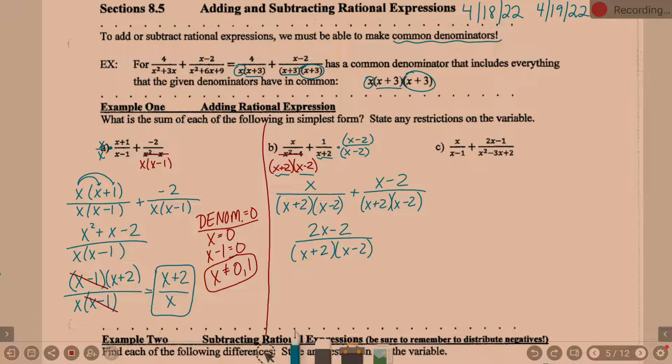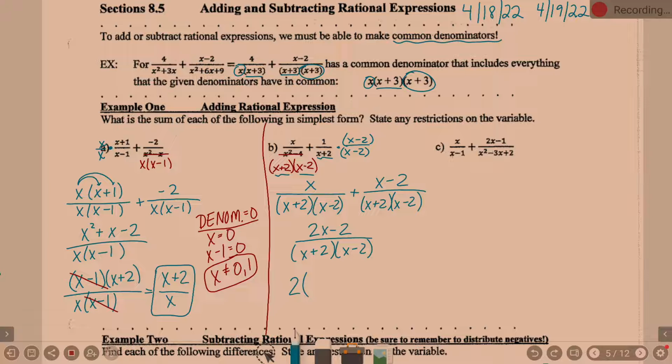Now, you might be done at this point. You might not. It just kind of depends. Always factor your numerator to check and decide. Does 2x minus 2 factor? Or maybe I should say, how does it factor? There's a GCF there. 2x minus 2, GCF of 2. So in my numerator, I'm going to factor out a 2.